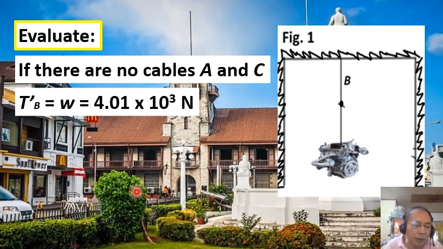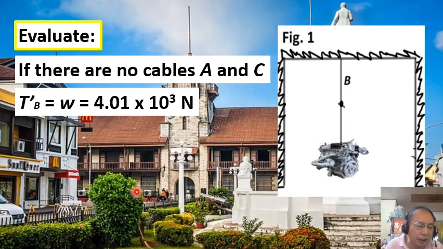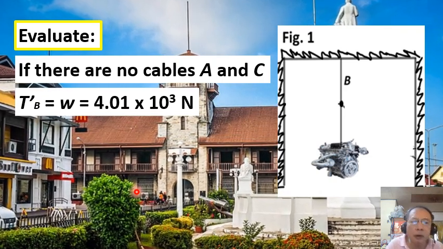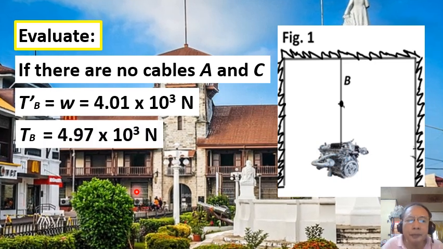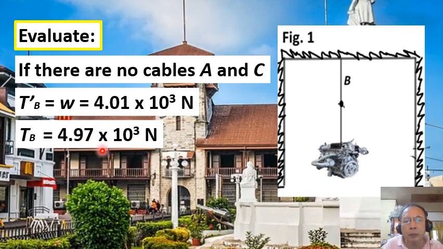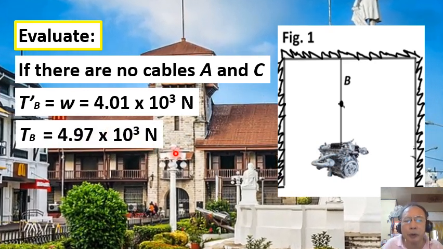With the presence of cables A and C, just like what is given in the problem, we got the value of tension TB equal to 4.97 times 10 to the third power newtons.